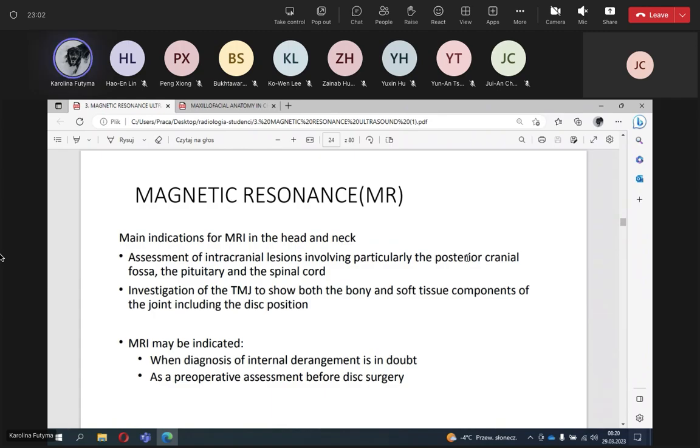MRI may also be indicated when diagnosis of internal derangement is in doubt, and as a preoperative assessment before disc surgery.